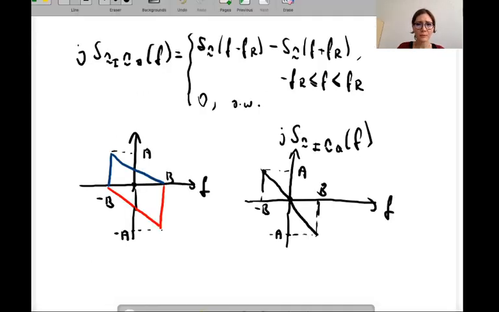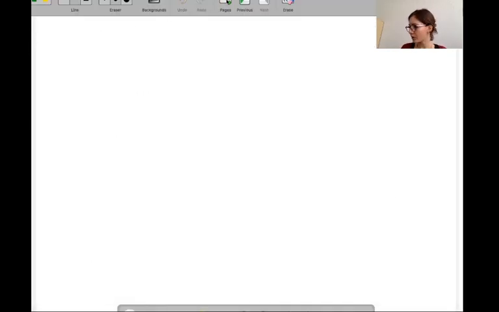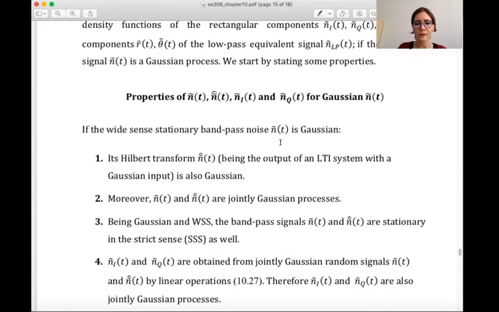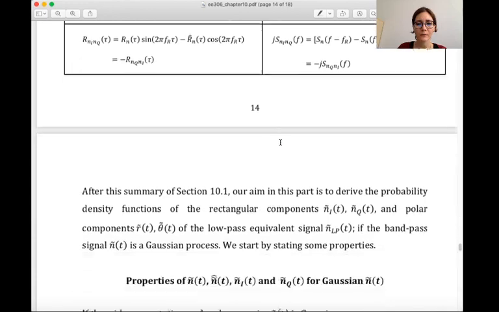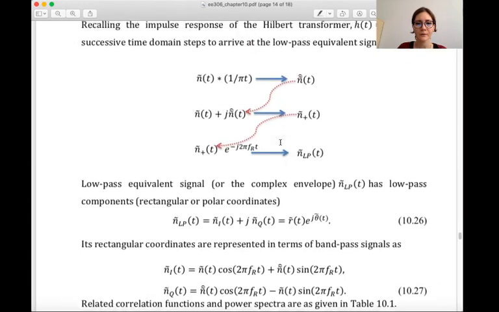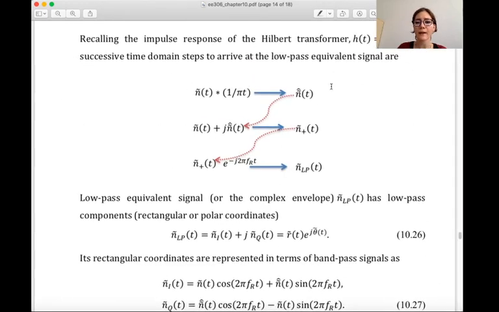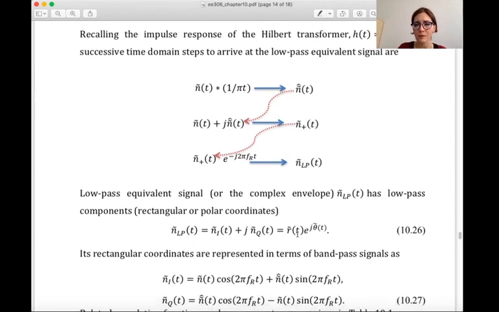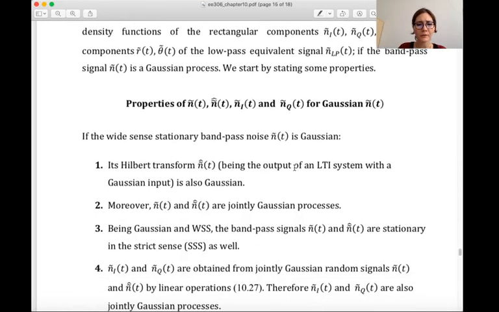So let's maybe begin with the following picture. It all begins with the Hilbert transform process, right? If we just follow this flow, we took n, we defined n hat, and from these two we defined the pre-envelope and so on. So let's follow this order and begin with the properties of n hat.